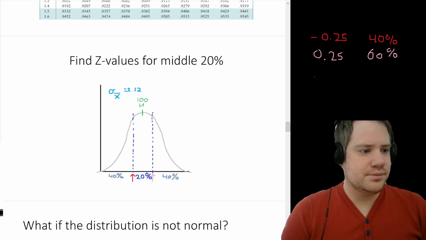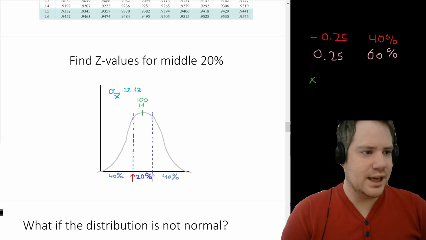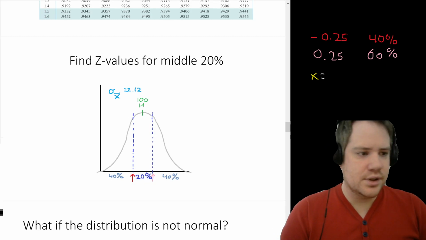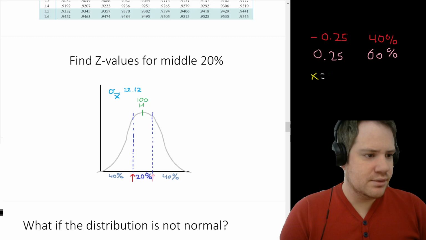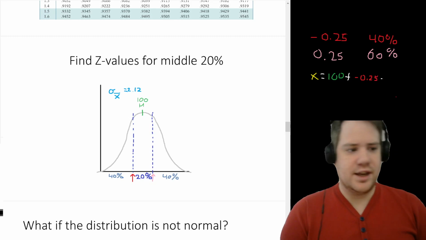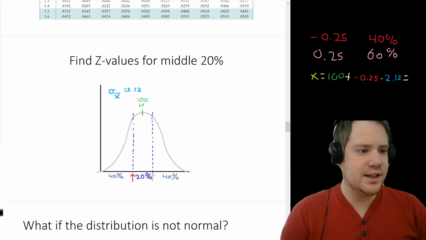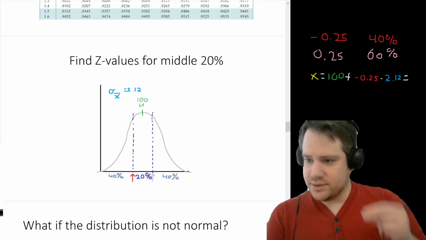The formula for that is that the score, the x, is equal, and I'm going to start with the red one first, to the population mean plus the z value, which is 0.25, times the standard deviation of, and specifically, note, this is the standard deviation of the sample means.